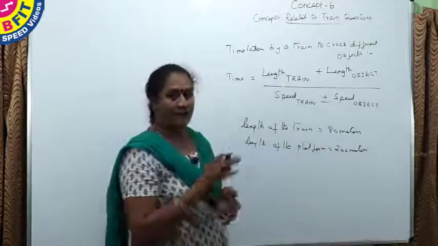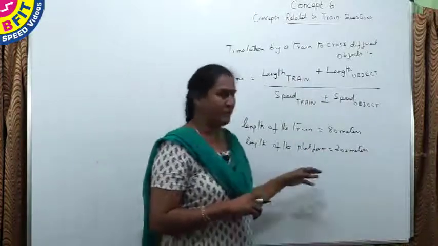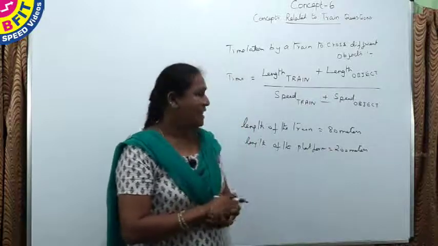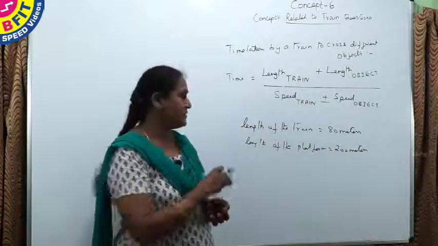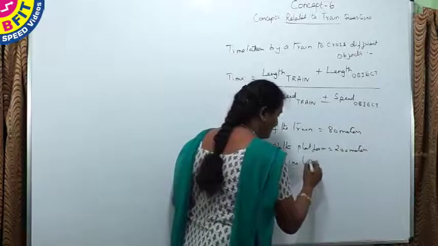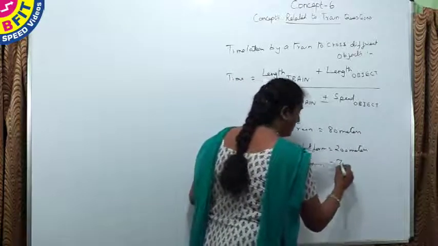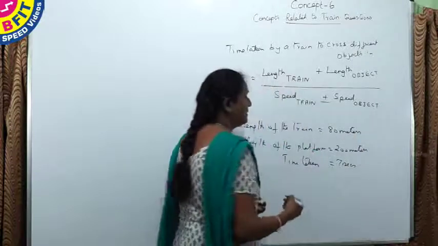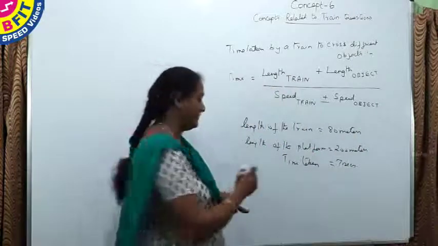So train of length 80 meters is crossing a platform of length 200 meters and it is taking 7 seconds to cross this platform. So time taken equal to 7 seconds. So what is speed of this train?